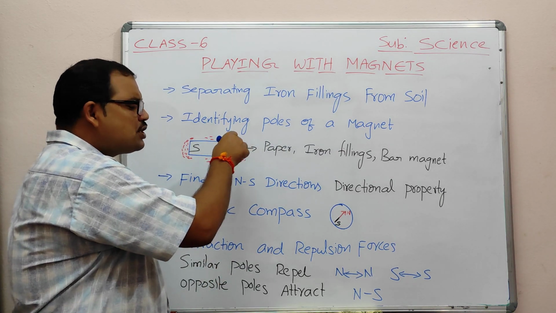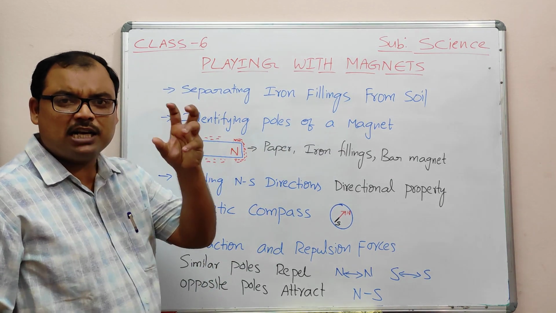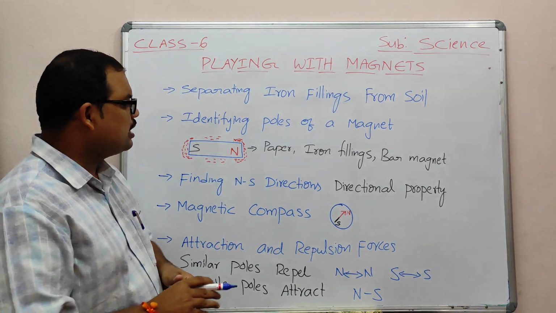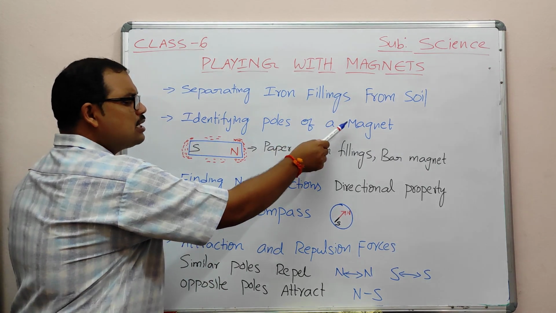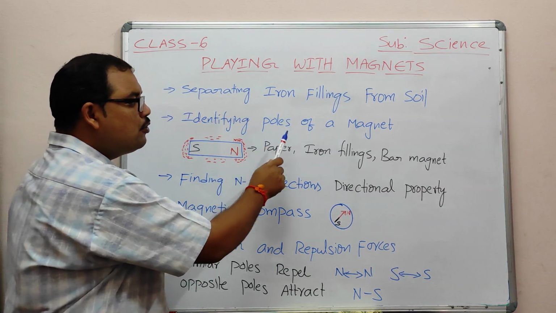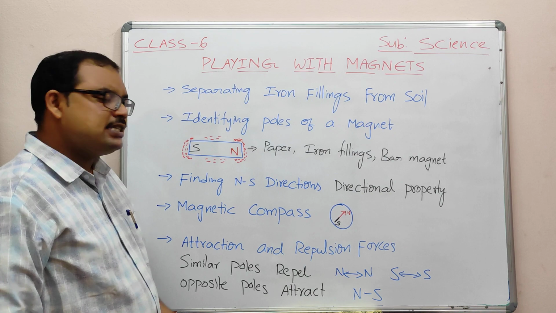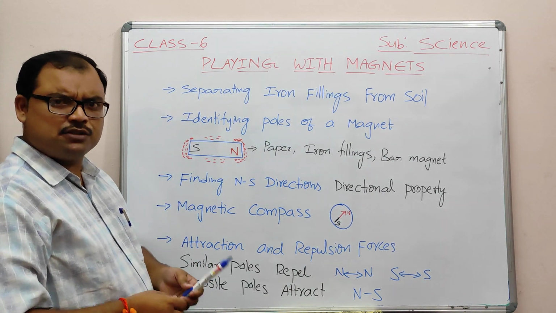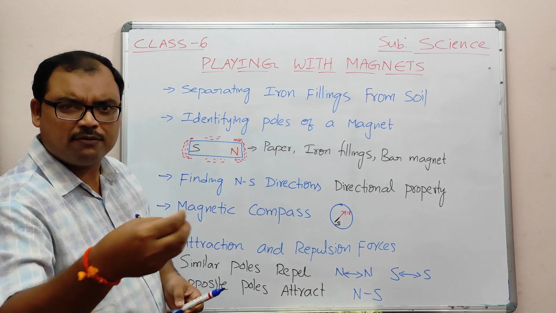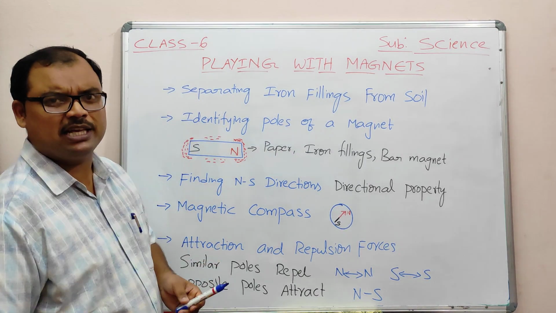These end portions where we find much power of attraction of a bar magnet are called the poles of a magnet. What are they called? Poles of a magnet. This activity you can also do by taking a white paper and sprinkling some iron filings above the paper randomly.